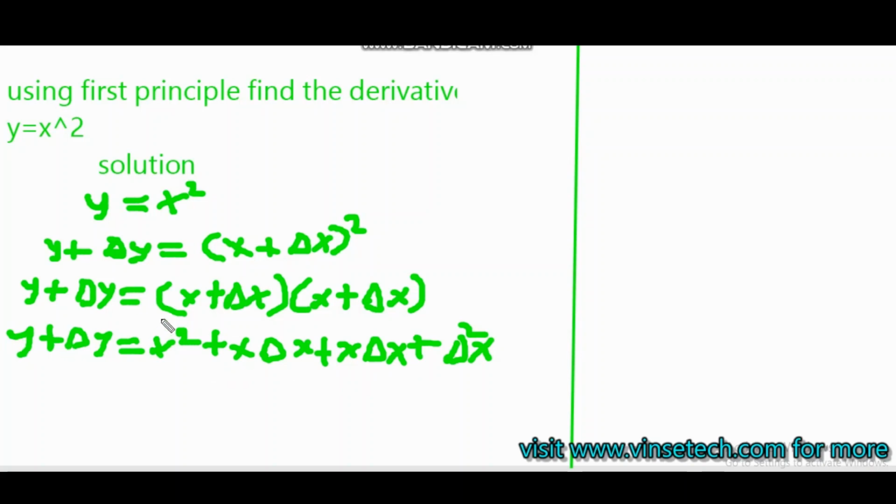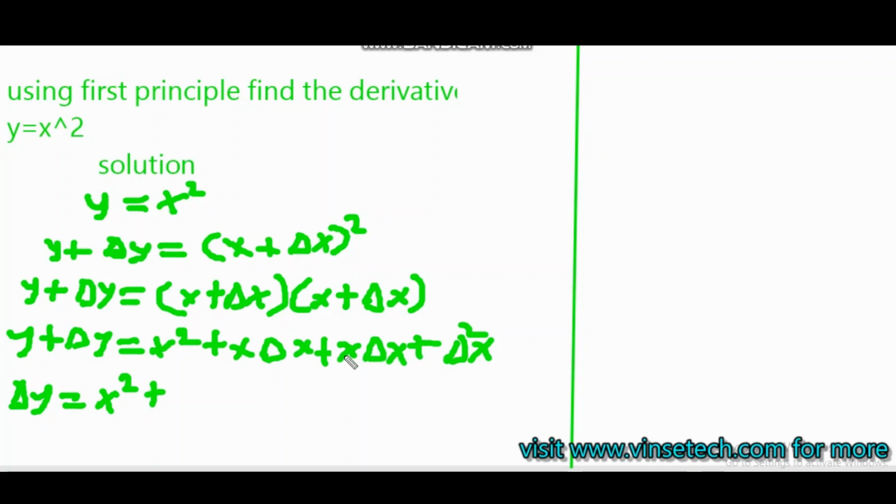So the next thing we have to do is move y to the right hand side. Moving y to the right hand side, we now have change in y is equal to x squared plus, looking at this equation, you realize that you have x delta x and another x delta x.